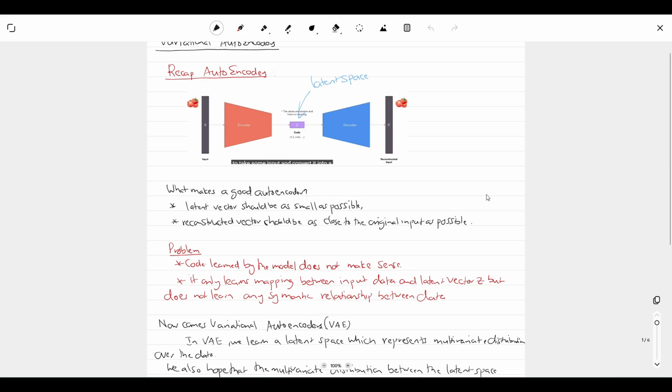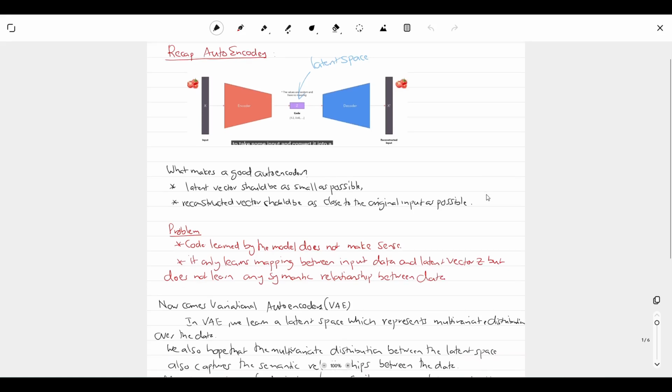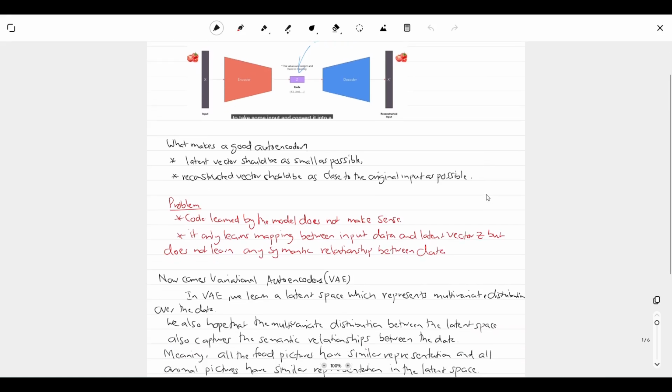But there are problems with standard autoencoders. While great for compression, a standard autoencoder suffers from a major drawback, which severely limits its power as a generative model. The problem is that the latent space that we see here is not regularized. If you look at this code box or this latent vector box, we know that the values inside this particular code or latent vector are random and they have no meaning.